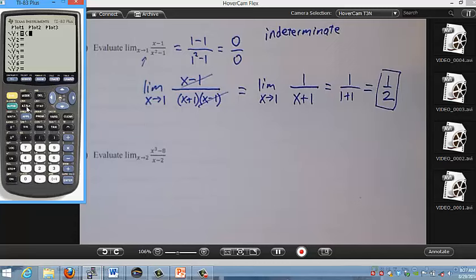Let's do x caret 3 minus 8, close parentheses, divided by, open parentheses again, x minus 2. And as far as the window, I'm just going to hit zoom and then standard, which is choice 6. That'll give you a 10 by 10 window, negative 10 to positive 10.